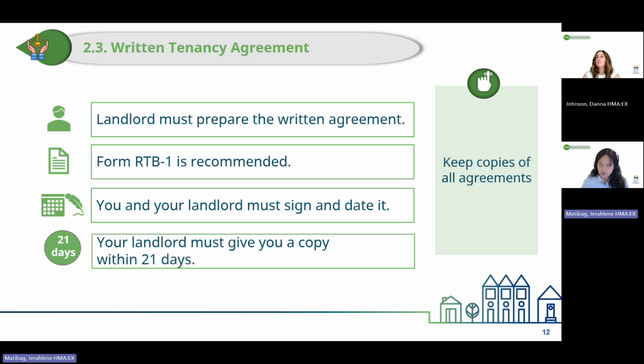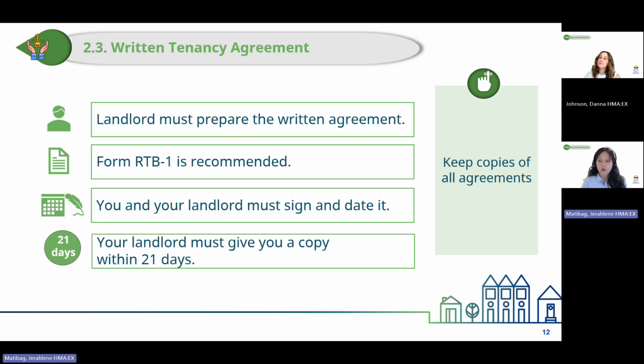So now that we know when the tenancy begins, let's talk about the written tenancy agreement and the few things to keep in mind as you sign it. In BC, the landlord is the one responsible for preparing the written tenancy agreement. The RTB recommends using Form RTB1, which is the standard tenancy agreement form.